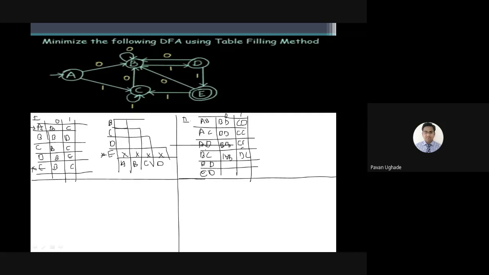Then BD over 0, BD is again BB. And what is DE? And CD is BB and CE.